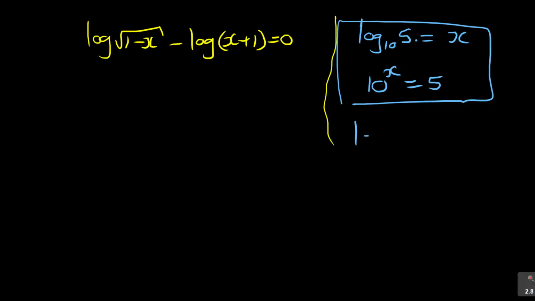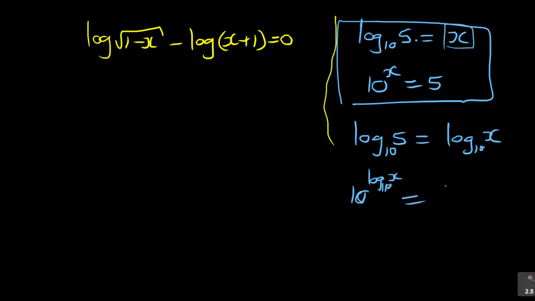But what if I had log base 10 of 5 is equal to log base 10 of x? Now, how do I do the same thing? Instead of x it is log base 10 of x, so I'll say 10 to the power, the exponent now is all of that: 10 to the power log base 10 of x is equal to 5.